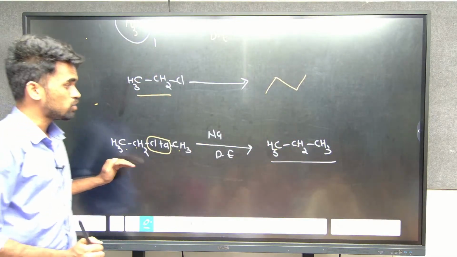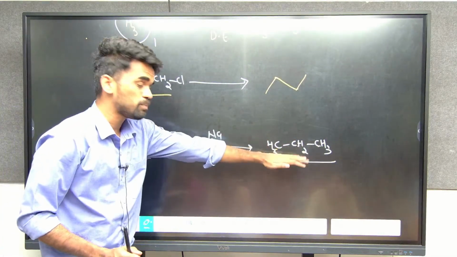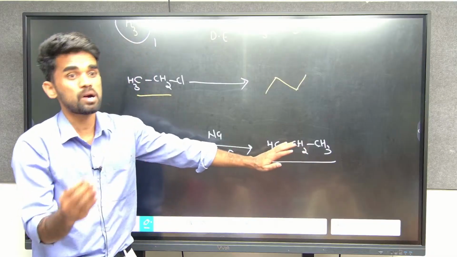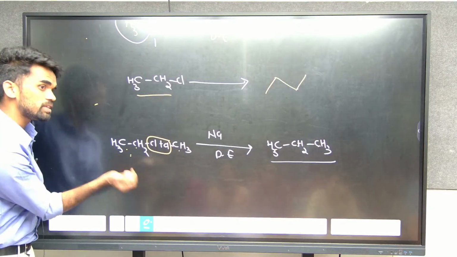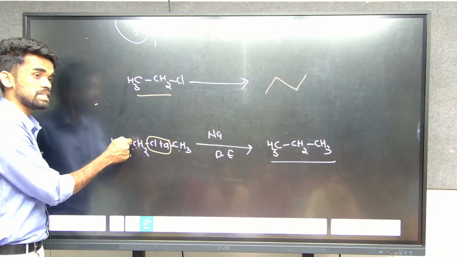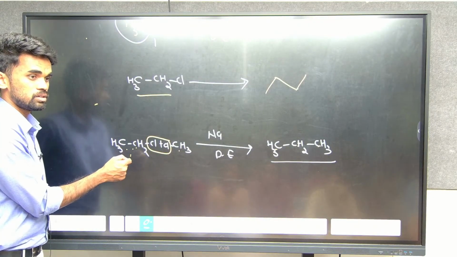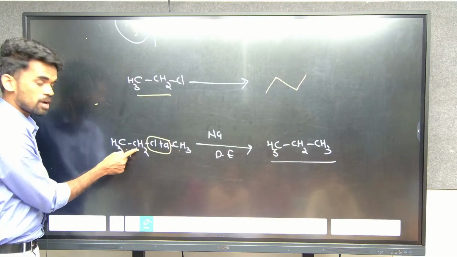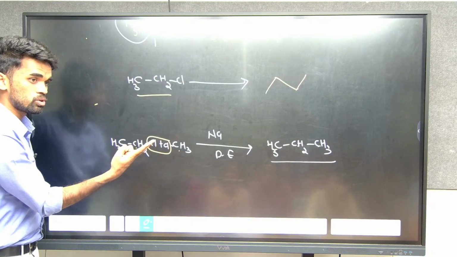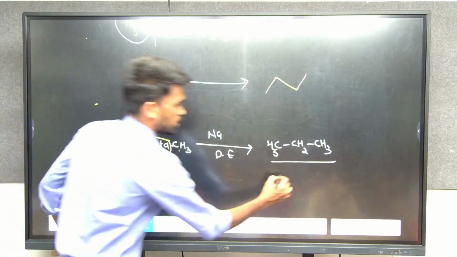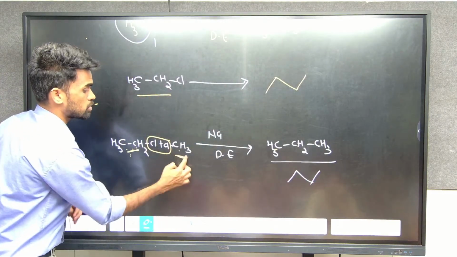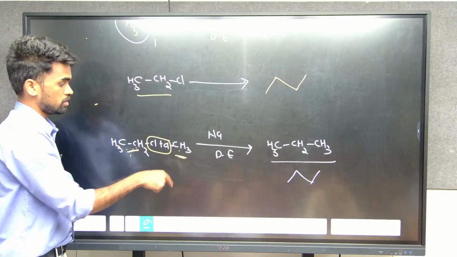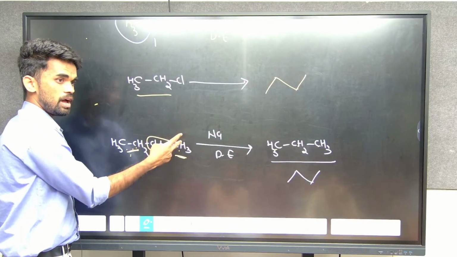We got this. But if I want to do this reaction, along with my propane product, we'll get other possible products also. What are the other possible products? This fellow can combine with itself. If it is combining with itself, what is the product formed? Two carbons are there, again two more. Butane. This fellow also can combine with itself. One carbon plus one, two.